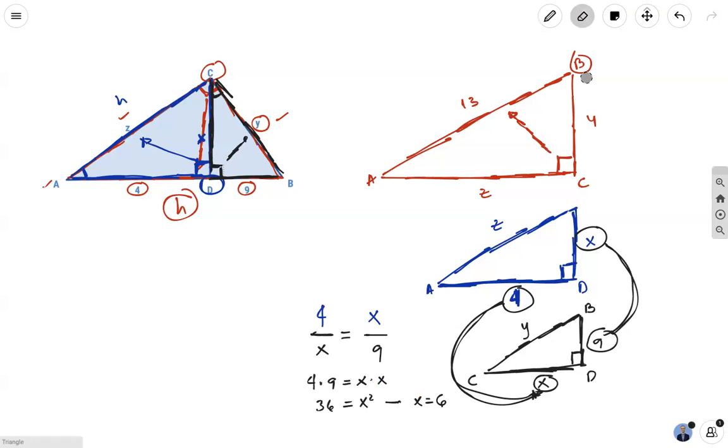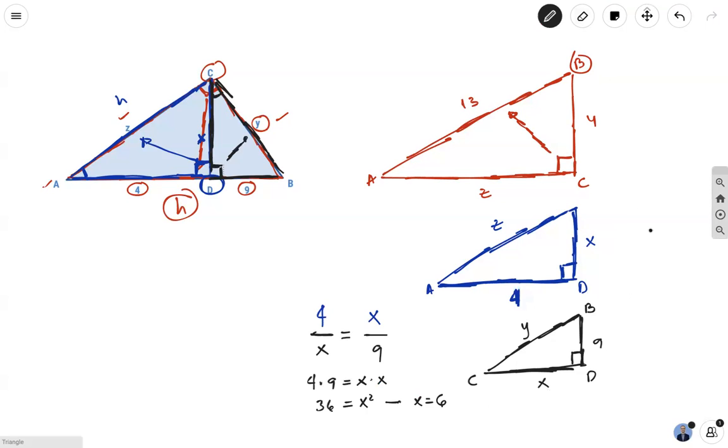So I'm going to start putting those values around for me to keep track of my values. So this x is equal to 6, and the other x is also equal to 6.